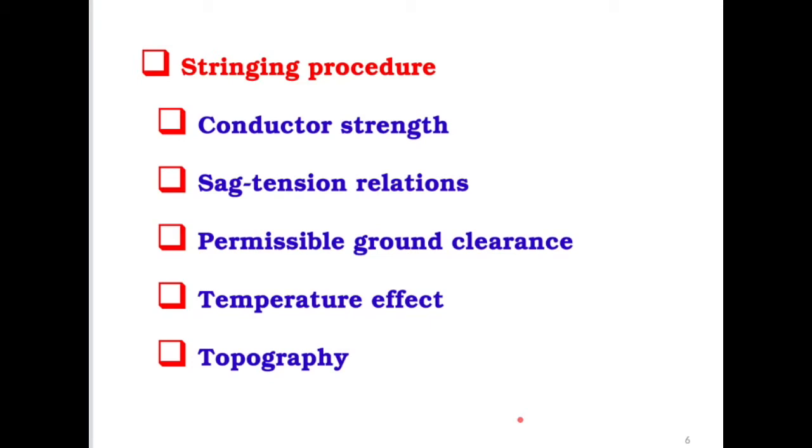But we need to remember that the working tension, meaning the tension the conductor is going to be subjected to, is much less than its ultimate tensile strength, because we will always choose a factor of safety greater than unity.